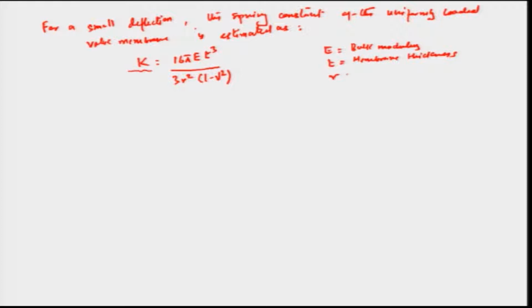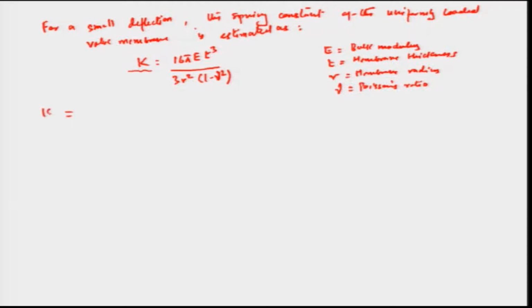R is the total radius of the membrane, so I call this the membrane radius, and nu is the Poisson's ratio of the material. In this case it is silicon, so the Poisson's ratio has been given as about 0.25 in this particular case, and we want to calculate the value of K for this particular problem.